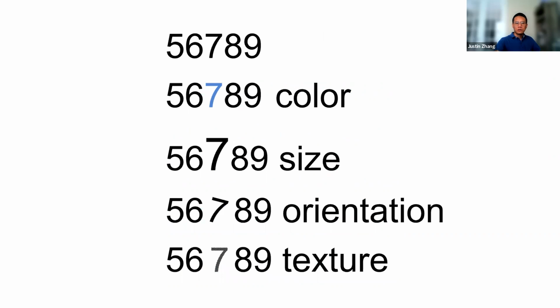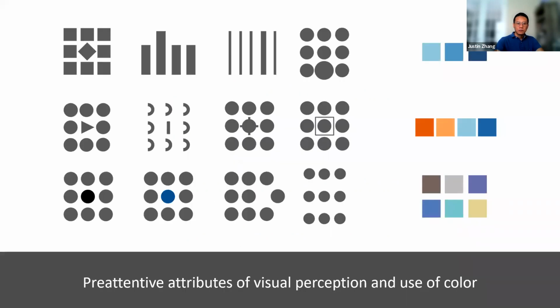What we used is just some specific attributes like color, size, orientation, and texture that can help us easily present the information to the audience. These are called pre-attentive attributes, which are commonly used in visual perception and data visualization.